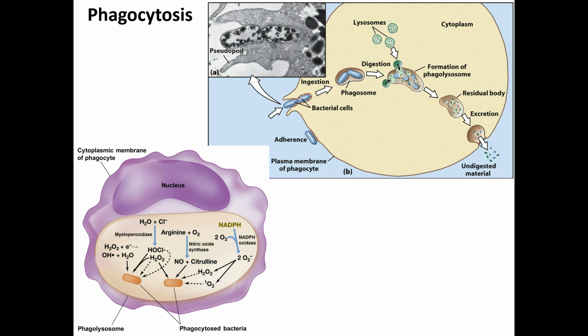First you have the attraction of your phagocytic cells to your microorganisms. In this case you have the migration of your phagocytic cells to the site of injury or a site of infection. This process is referred to as chemotaxis.